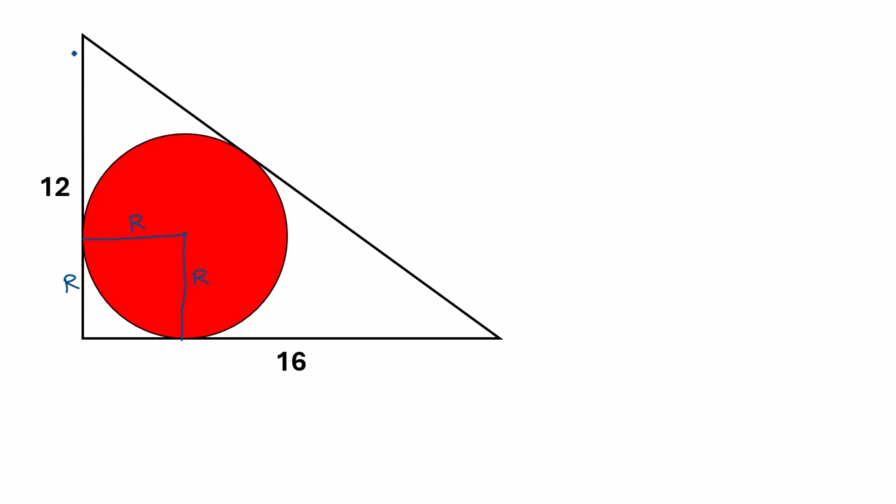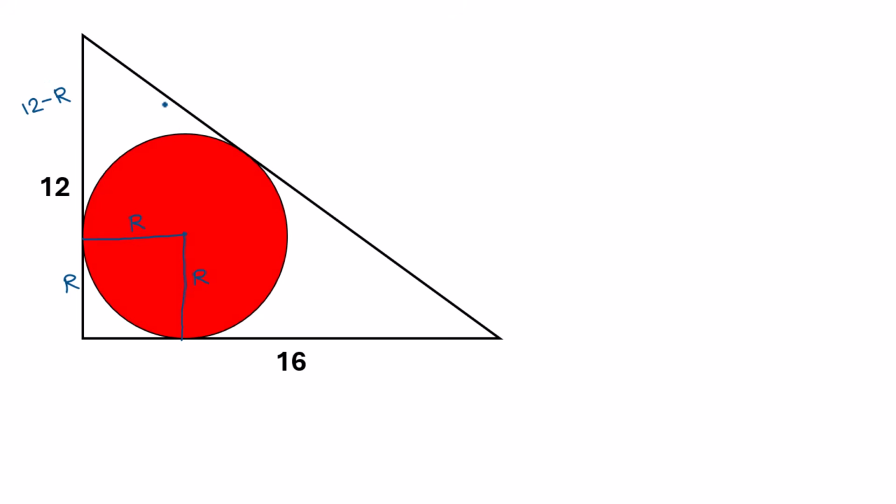Now as the total height of this triangle is 12 unit and this is r unit, this length will also be 12 minus r unit.